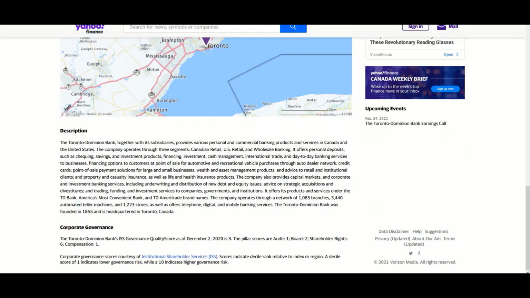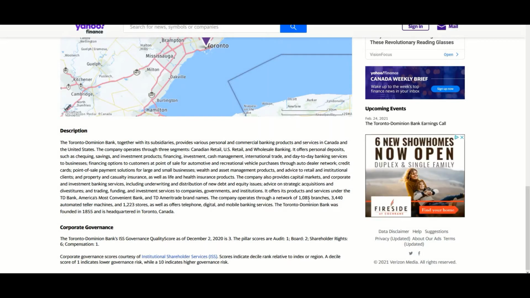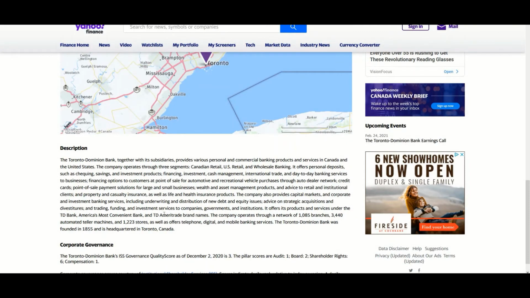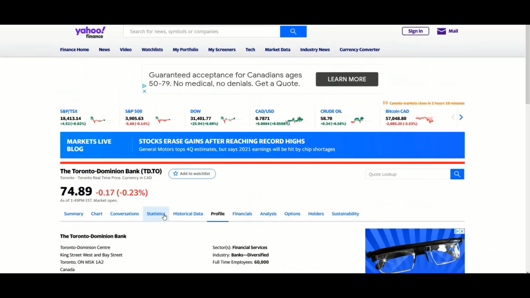The branches that they have is 1085. So basically you can get all the information: when they were founded, 1855, and their headquarters is in Toronto. So you can get a brief idea of what sectors the company operates in and where they are located.